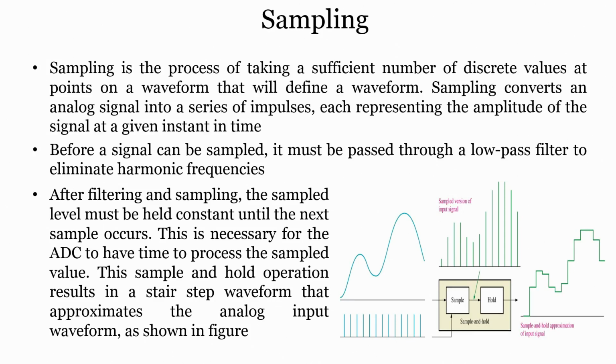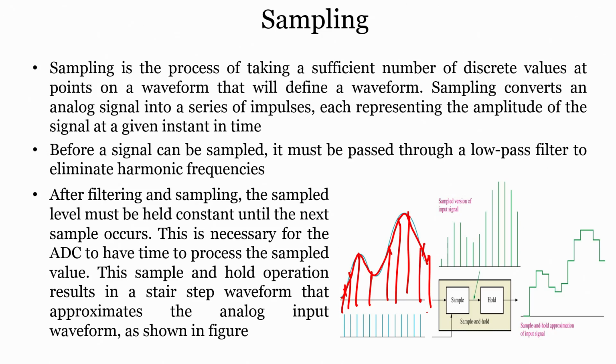Sampling is a process of taking a sufficient number of discrete values at points on a waveform that will define the waveform. So, suppose I have this waveform, right, like this, and I take sufficient points on this waveform, let us say here, here, here, here, here.